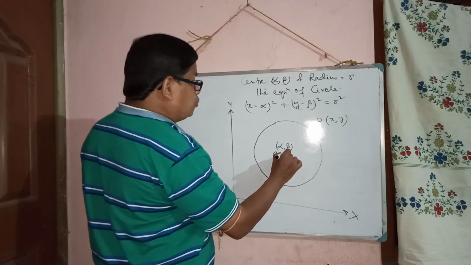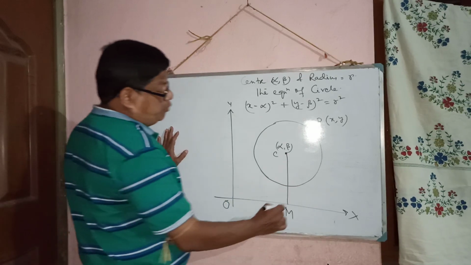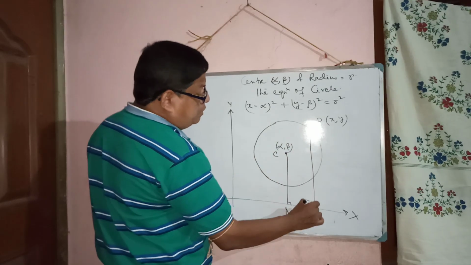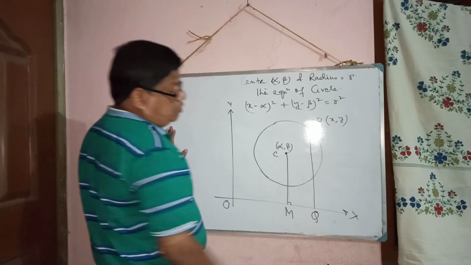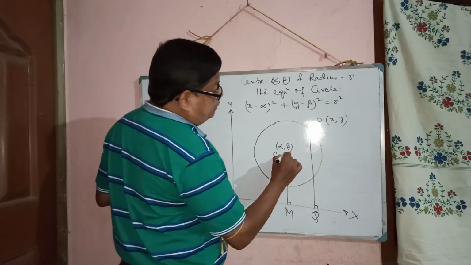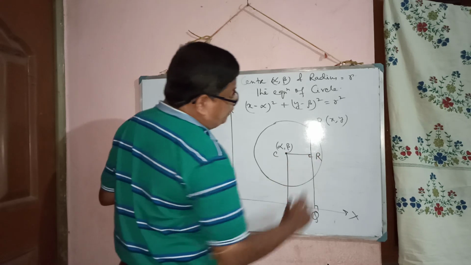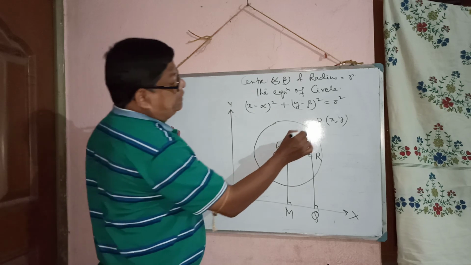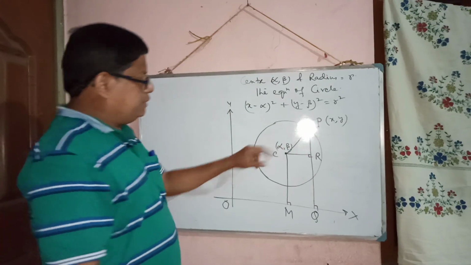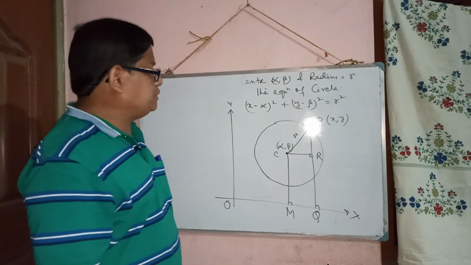Now from here you draw the perpendicular, suppose CM, and again from P, Q, perpendicular. From C again, perpendicular, suppose this is R. Now if we join CP, CP is the radius r.